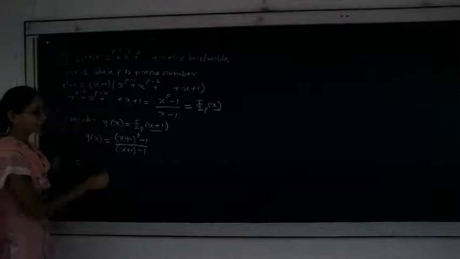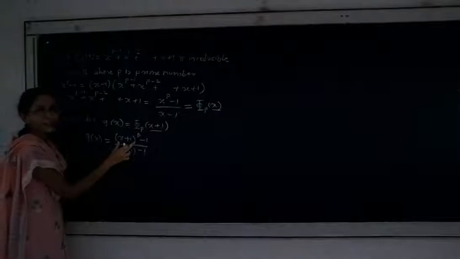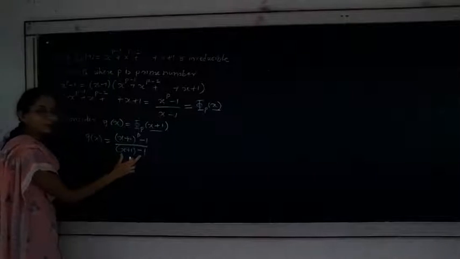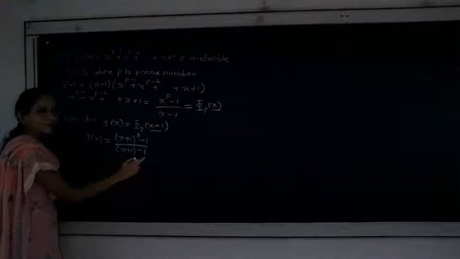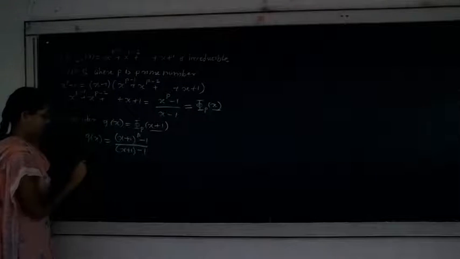This is equal to the binomial expansion in the numerator, and in the denominator of this polynomial g of x, plus 1 and minus 1 will get cancelled and the denominator is only x.